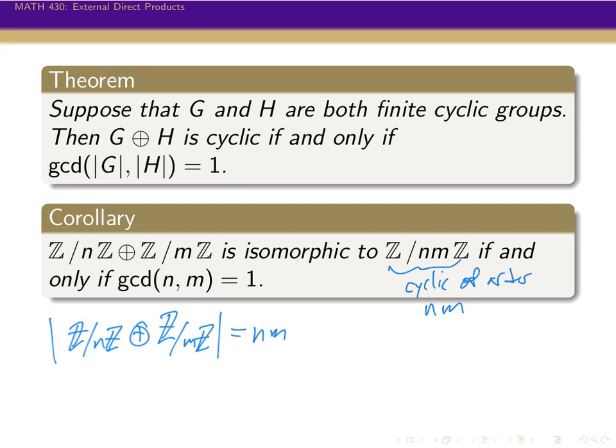And so these two have the same number of elements, but since Z mod nmZ is cyclic, they're only going to be isomorphic if the GCD of n and m is equal to 1. And this is exactly what the theorem above says. So that is all for this video. I will see you again soon.